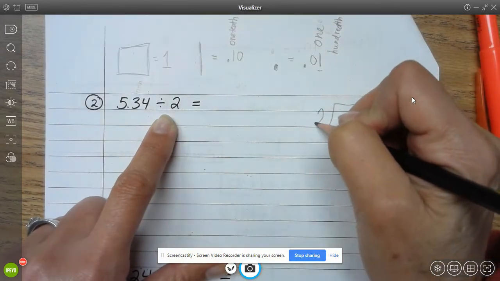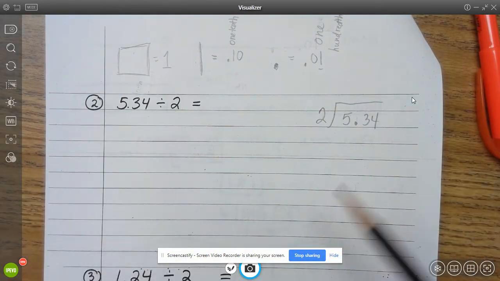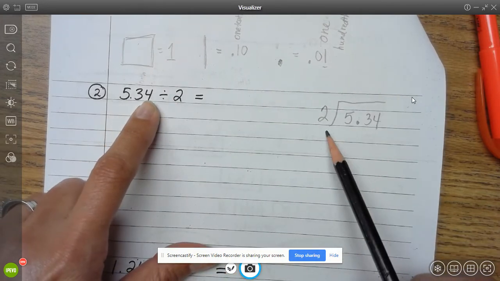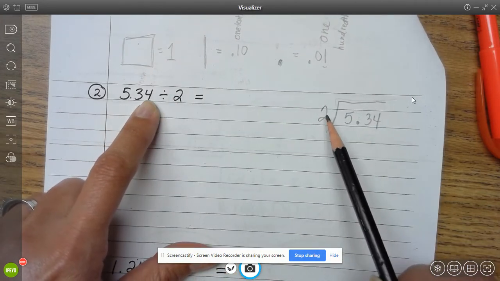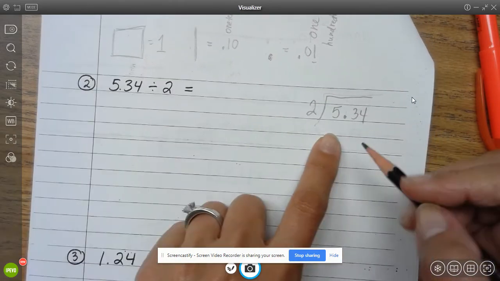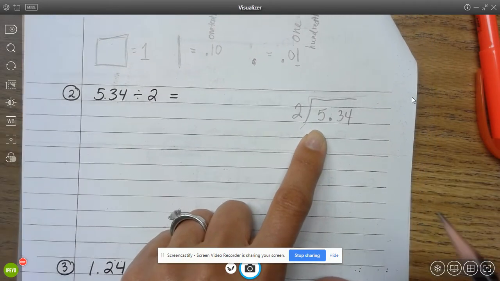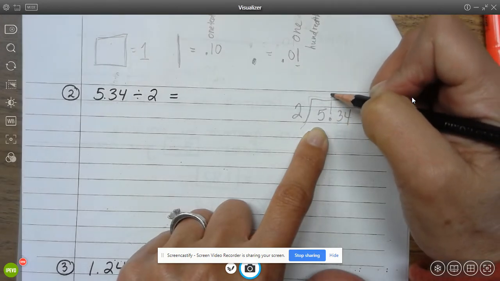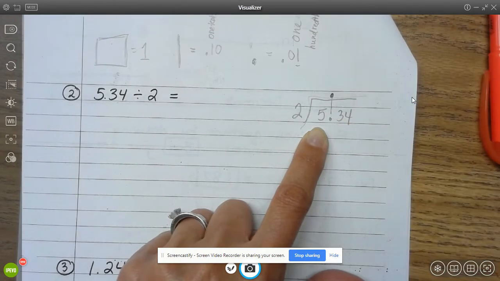So even if I say this, this helps me figure out what number goes where. 5 and 34 hundredths divided by 2. So there's my divisor. Okay, step number one, which is in your math notebook, we said step number one was literally moving your decimal point just on top of the roof, right? Done. Now, step two is solve the division problem using the regular algorithm, right?